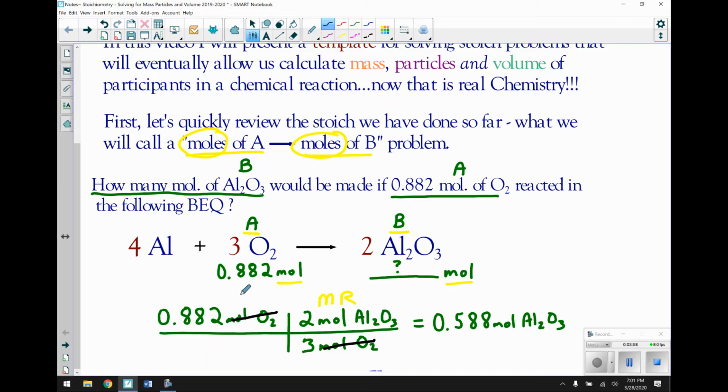So we started out in our stoichiometry problem with the units being in terms of substance A, moles of oxygen. And using the mole ratio, we've actually turned that unit, because of the cancellation, into moles of substance B. And that's really what the mole ratio does. It shifts the problem from being in terms of a given amount to being in terms of the desired quantity, or what we want to calculate.